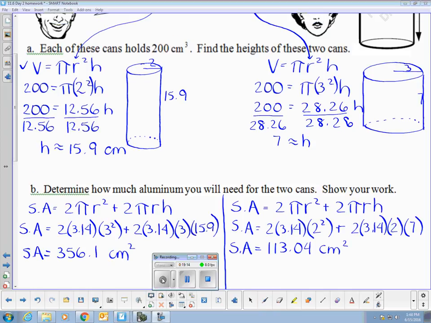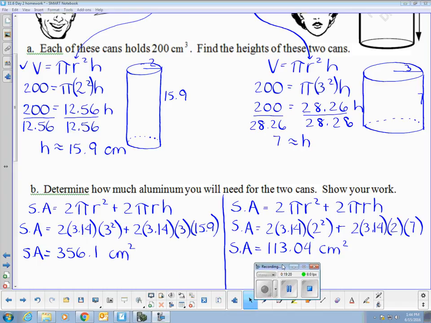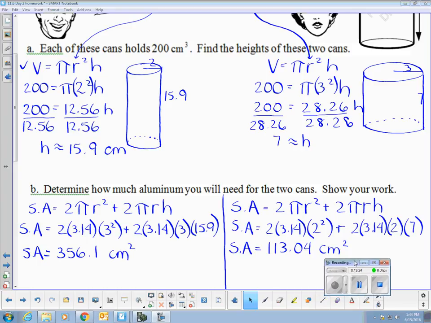Now I got down to the bottom and I realized that I had made a mistake, and what I did was I put the radius for the first one into the second one. So let's go back here. We need to change a couple of things.